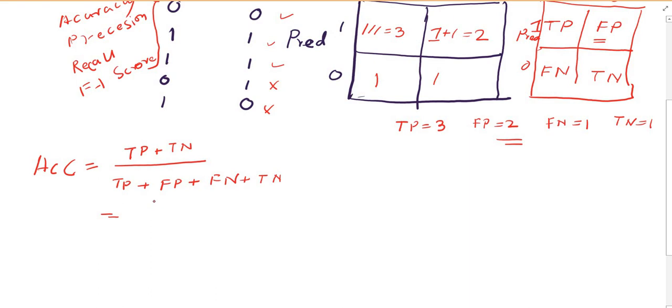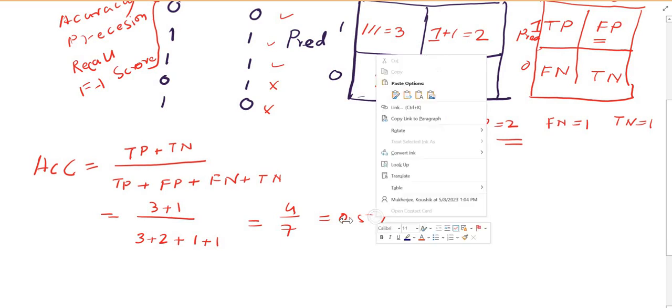So in this case, if we plug in all these things, 3 plus 1 divided by 3 plus 2 plus 1 plus 1. So ultimately, it will give me 4 by 7, which is 0.5 or 57% actually.